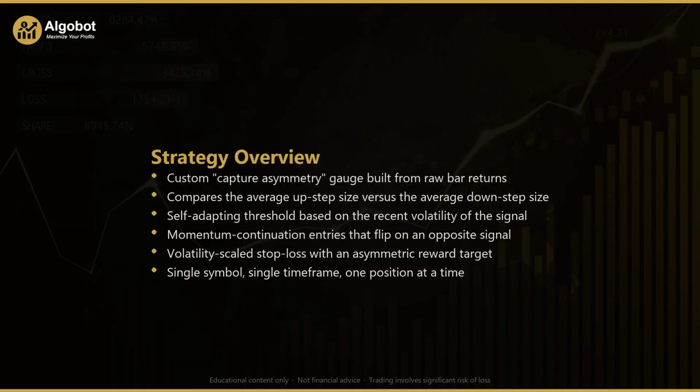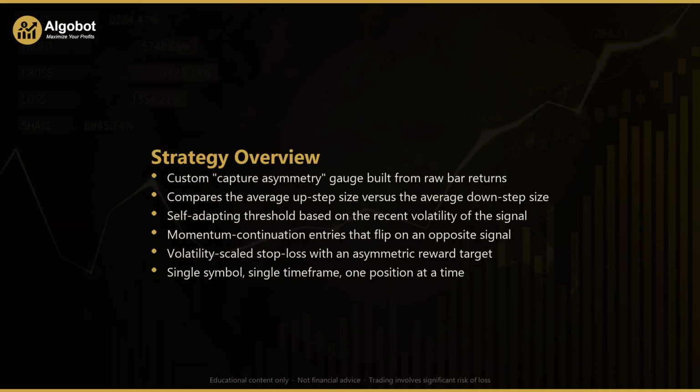Let's get into it. So what exactly is asymmetric capture momentum, and who is it built for? At its core, this expert advisor is a momentum continuation strategy, but it arrives at momentum in an unusual way. Most tools look at net price change, or at how many bars closed up versus down. This strategy ignores the tally entirely.